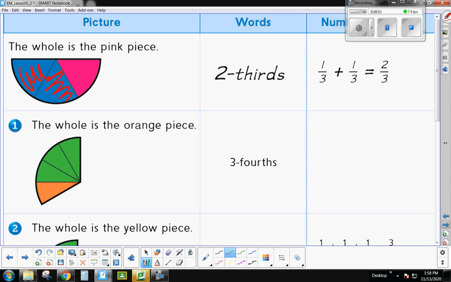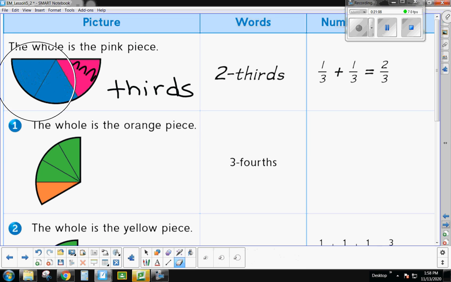Now boys and girls, how many pieces would it take to cover the whole thing? Well, it would take 1, 2, 3 pieces to cover the whole thing. So this is actually cut into thirds. Now, how many pieces do we have shaded in, or how many pieces are covering it? 2/3.